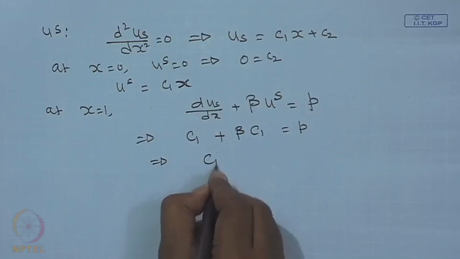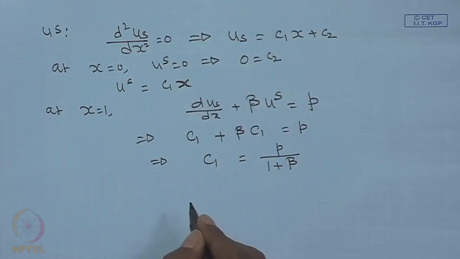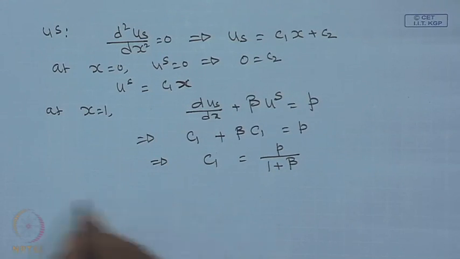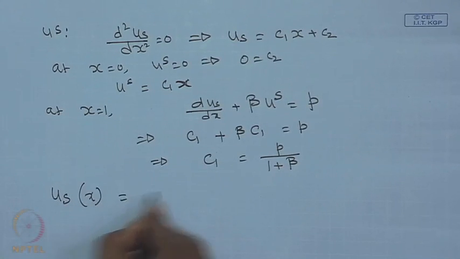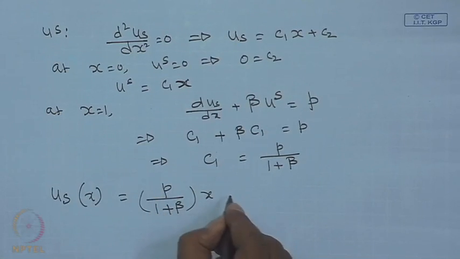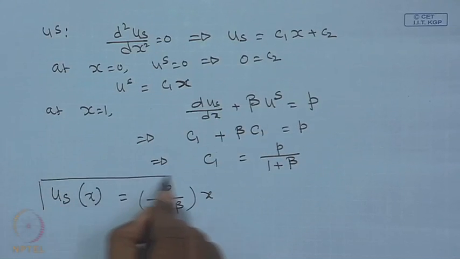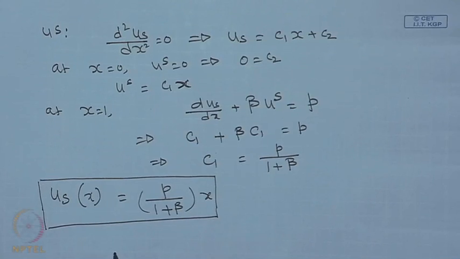So, C 1 turns out to be p divided by 1 plus beta. So, therefore, the steady state solution becomes p divided by 1 plus beta x. So, this is the steady state solution.